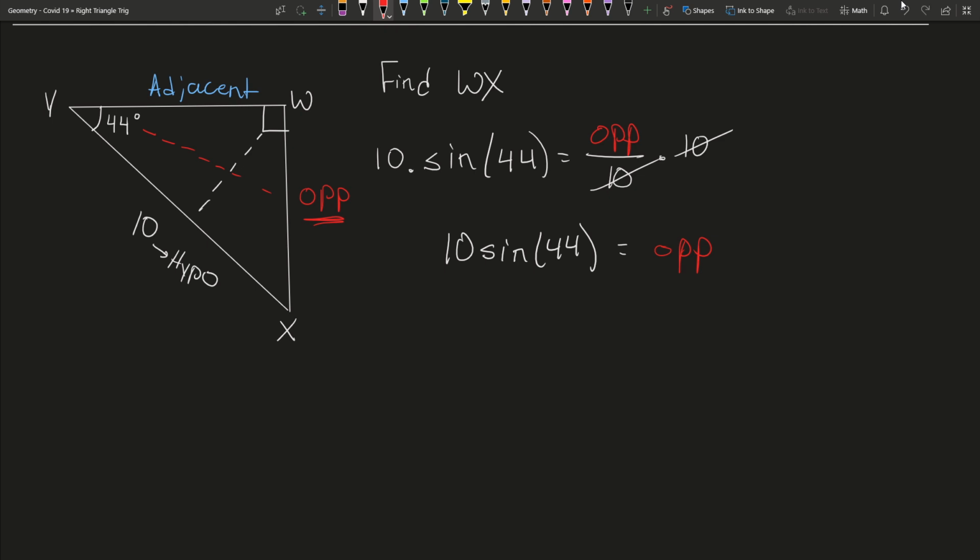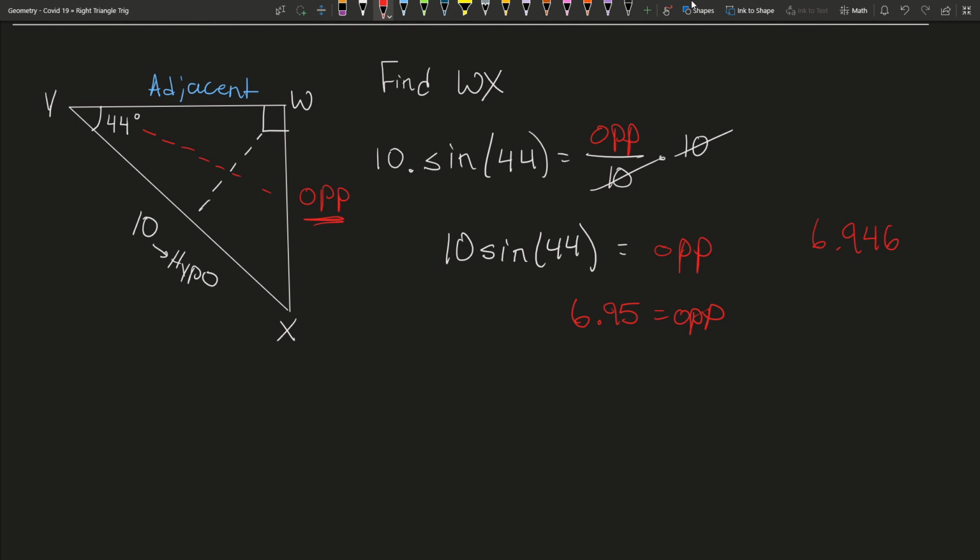And when you plug that into a calculator or Desmos, we get 6.95. And IXL will tell you where to round to. In this case, it tells you to round to the 100th. So our original answer is actually like 6.946.